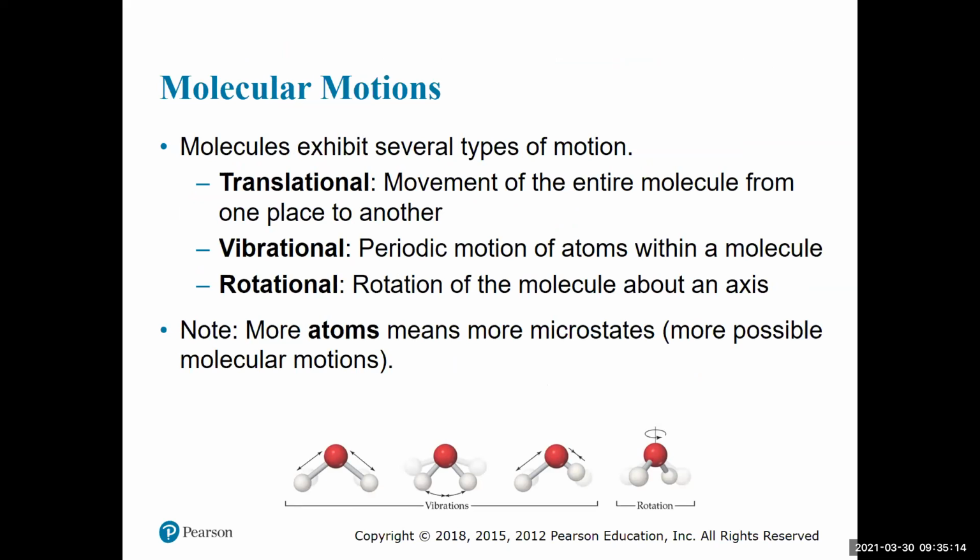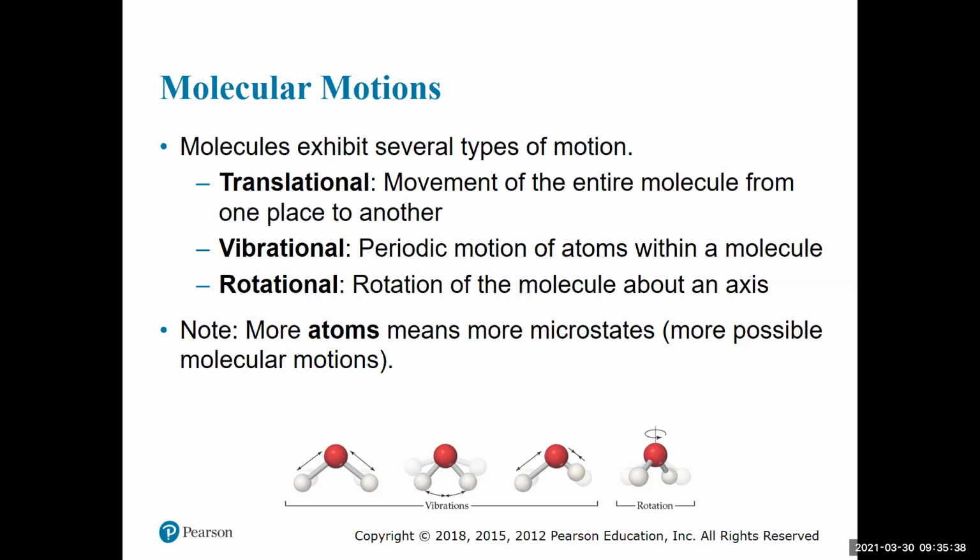There are three types of motion we're going to talk about with regards to these molecules. The first is translational, and that's the movement of the entire molecule from one place to another. That's where we were talking about the gases, and you heat them up or you increase the volume, and those gas molecules, the whole molecule moves around. That would be translational motion.